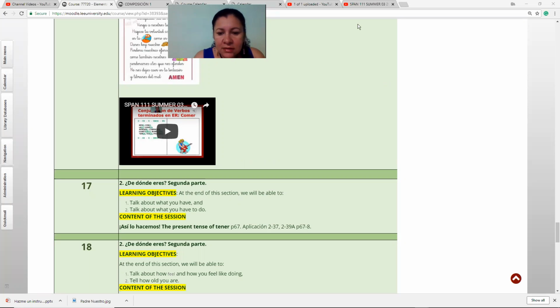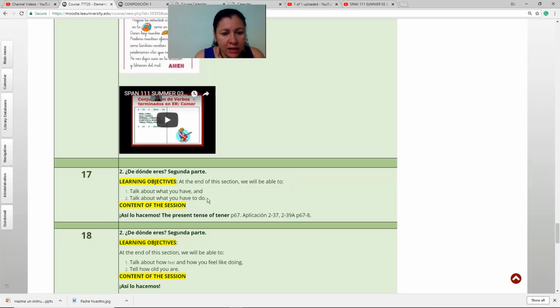The verb tener is one verb that we use to express obligation, to express how old you are, to express what you feel like doing, to express many idiomatic expressions, and to express what you own and what you have. Six different ideas that you convey with the verb tener. So it is very relevant to study, memorize and practice this verb.